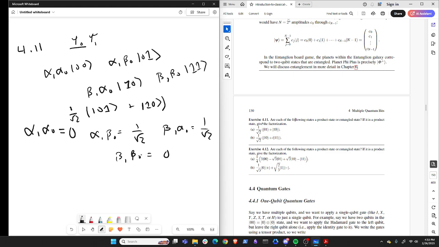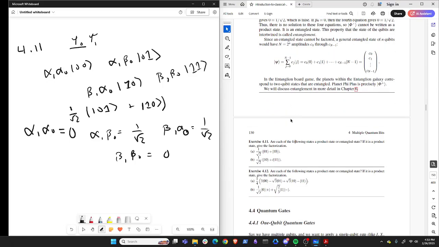Immediately we can see the problem, right? Either alpha sub 1 or alpha sub 0 could be equal to 0 here, and they would fulfill this equation. But if alpha sub 1 is 0, how do we wind up with this value when we multiply by beta sub 0?